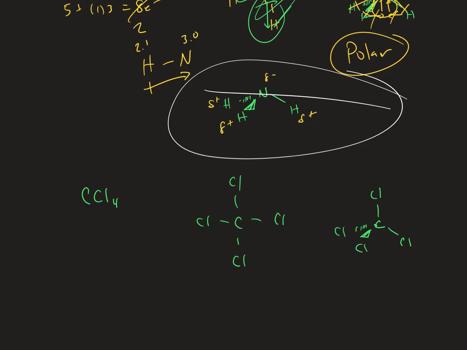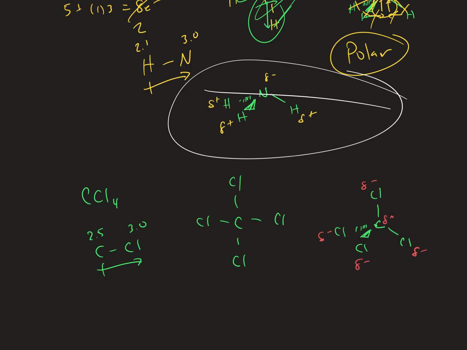Is the chlorine-carbon bond a polar bond or a nonpolar bond? 2.5 and 3. It's barely polar, right? Going this way. So that means we have partial negative, partial negative, partial negative, partial negative, and partial positive.